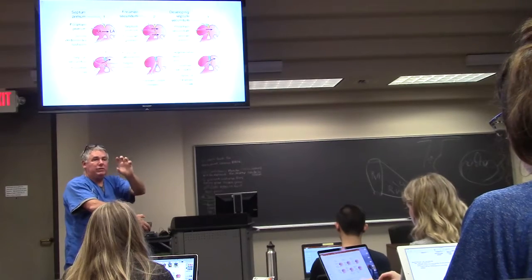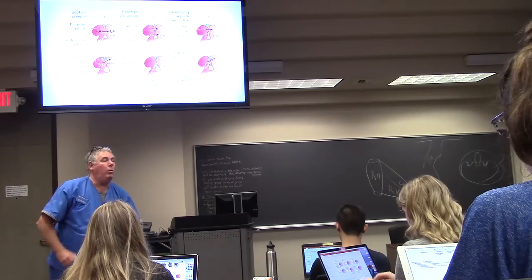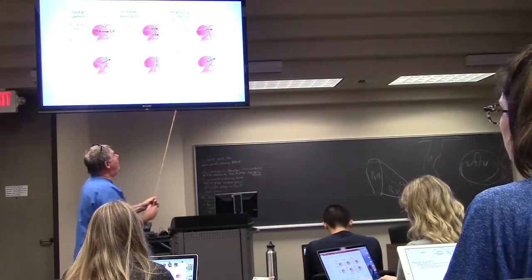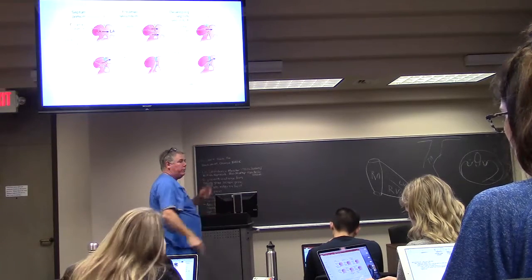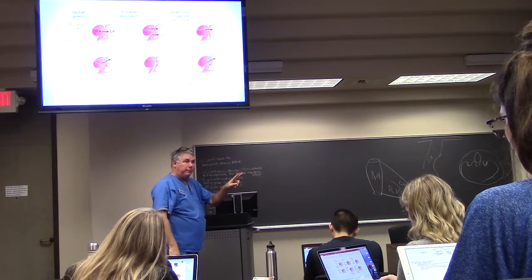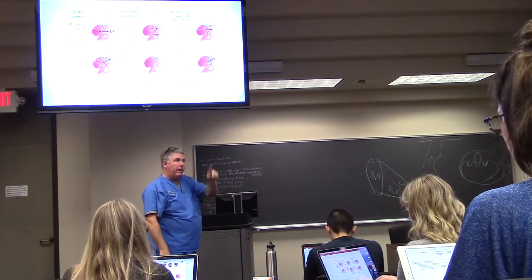That's the foramen secundum. So what you have is a septum primum, for a short time, with two holes in it: a foramen primum and a foramen secundum.